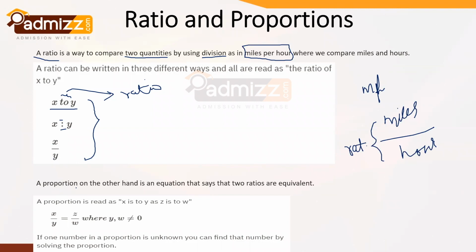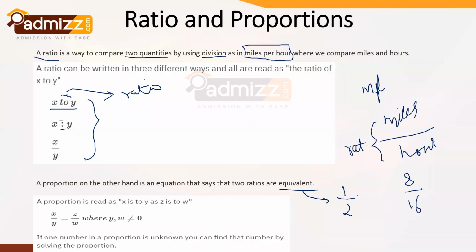Now, next up, we've got proportions. A proportion is an equation which is simply used to say that two ratios are equivalent. While we're at it, I also want to point out the difference between equivalence and equality. For instance, take a look at 1 over 2 and 8 over 16.